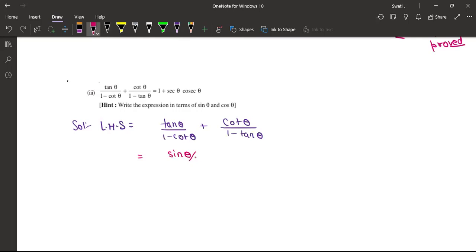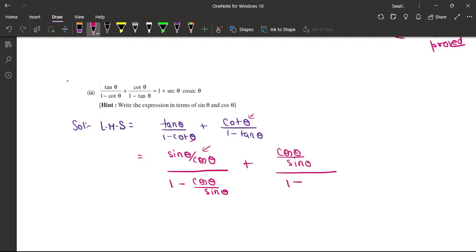So I have used sin theta by cos theta in the numerator upon 1 minus cot theta का फॉर्मूला क्या होगा? Exactly उल्टा. Cos theta by sin theta, right? Plus cot theta, right? इस cot theta का फॉर्मूला क्या होगा? Cos theta by sin theta. यहाँ पे मैंने थोड़ा अलग वे में लिखा है, but it's the same thing.